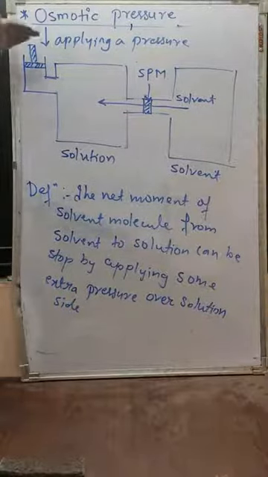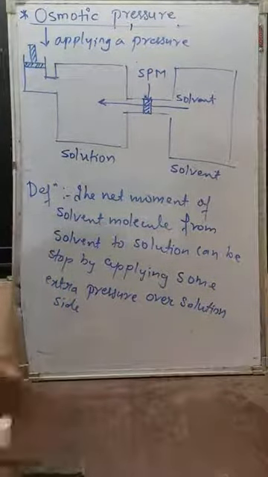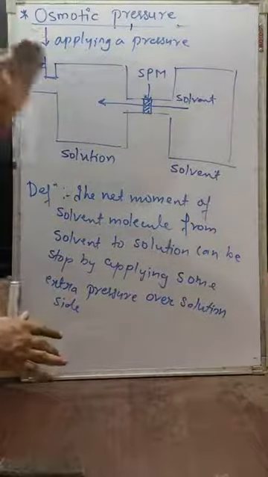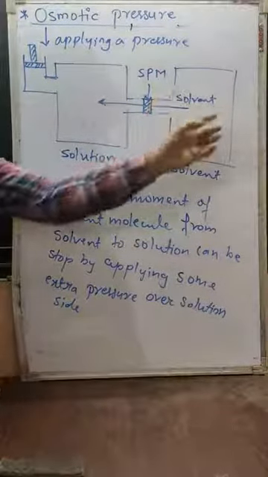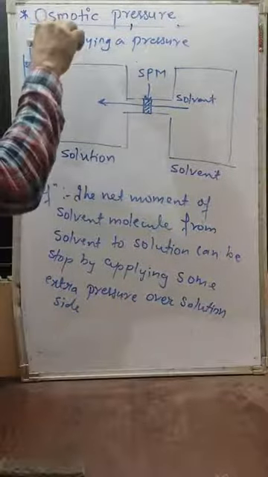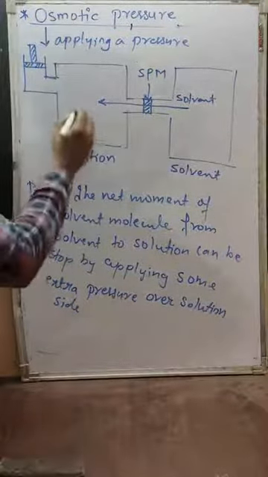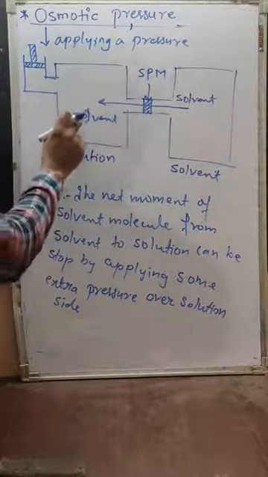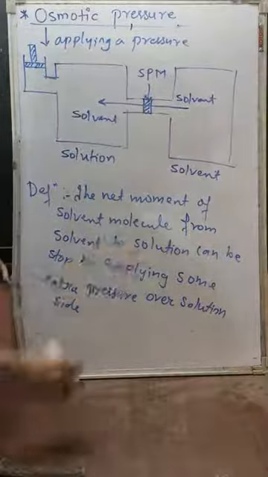Suppose if I apply more pressure, what happens? Just as I apply the pressure, the net movement of the solvent molecule gets stopped. But if I apply more pressure, the solvent molecule which is present in the solution will go into the solvent.